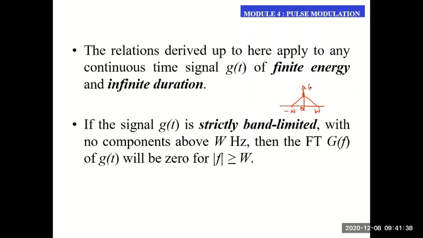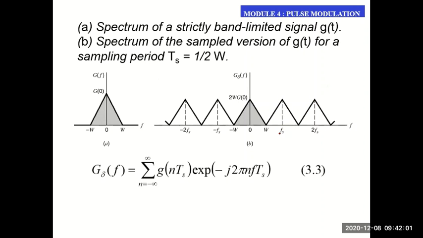This is your Fourier transform g of f. It is surely 0 at all frequencies greater than W. And since I have to take negative frequencies also, I'll use modulo f. So at all frequencies greater than W, you see this function is 0. This we call a strictly band limited signal.